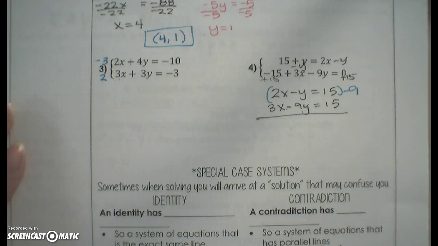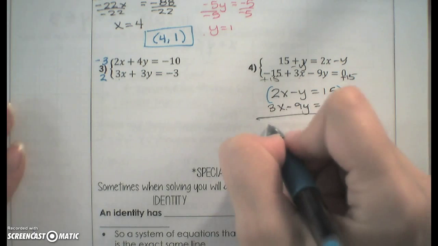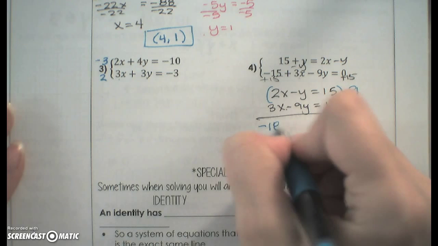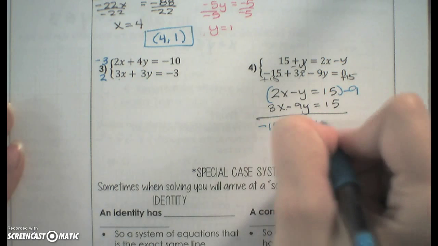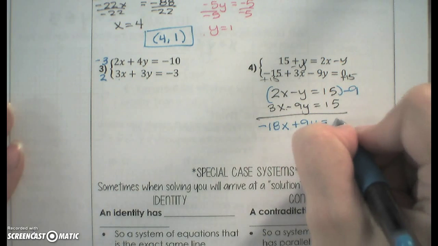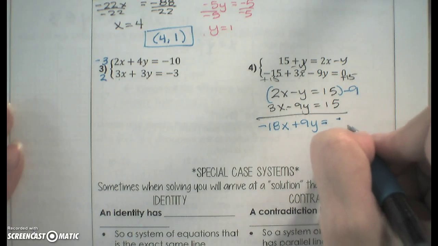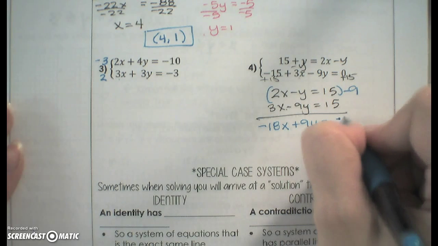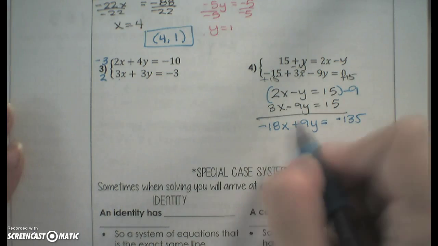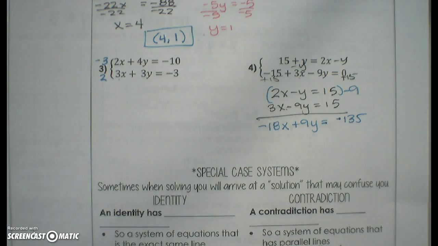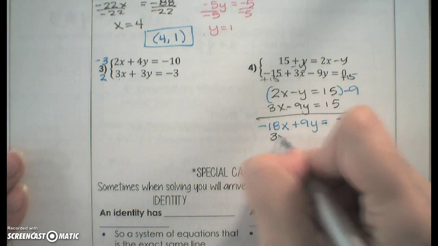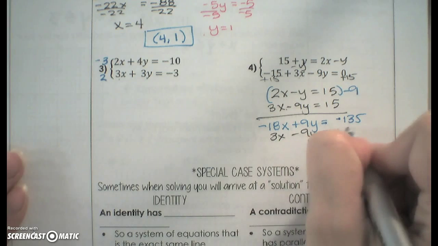So that way, we can have negative 18x plus 9y equals, what would that be? Negative 9 times 15 is negative 135. All right, and then we're going to rewrite our second equation here, the one we didn't change anything on, which would be 3x minus 9y equals 15.